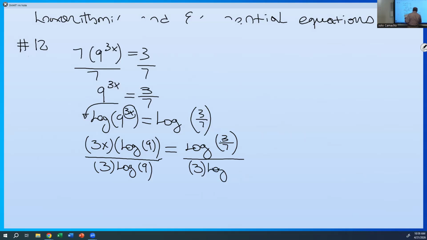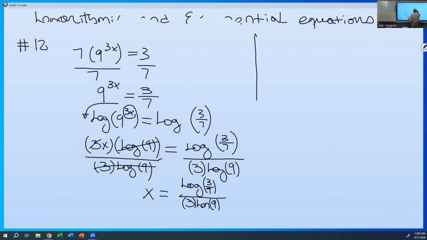And these cancel. So my next answer would be that x is equal to the log of 3 over 7, all over 3 times the log of 9.